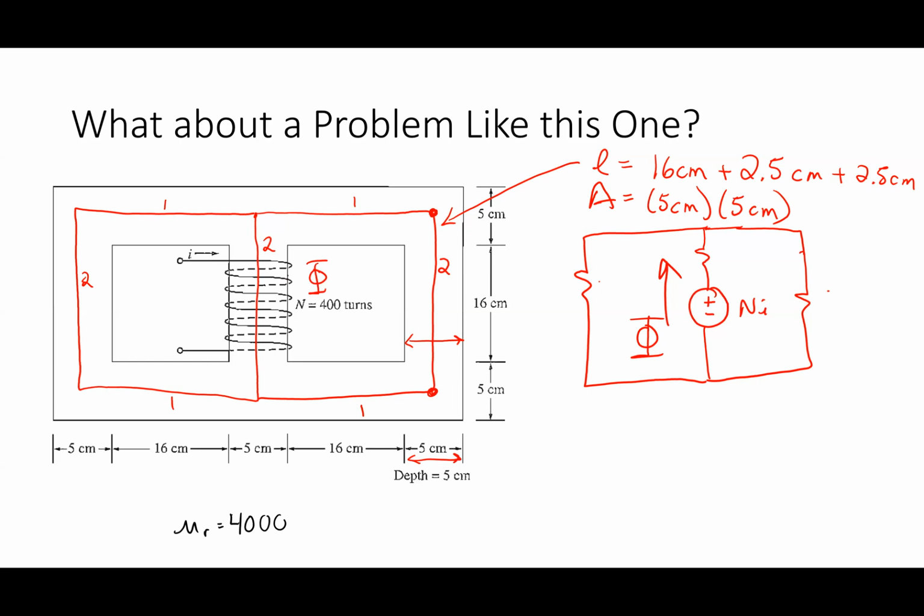I'll say one thing real quick. I'm over time, but one thing you're going to see in the homework is a gap here. You can get really picky if you want to and say the length goes from here to here and then I skip over there, but you don't need to do that. I tell you to assume that the gap is so small that you can neglect it.